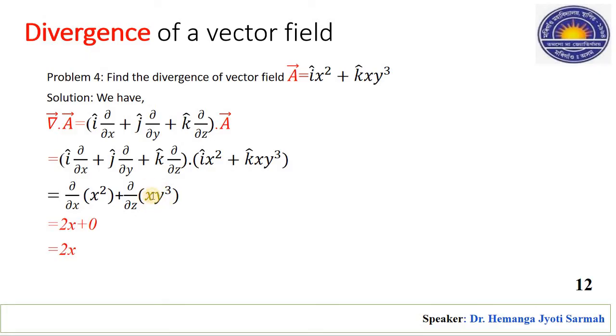Here this term is independent of z, and y and x are constant for z. So we will get 0 for this term, and we are getting twice x for the other term. For this vector field, divergence of A equals twice x.